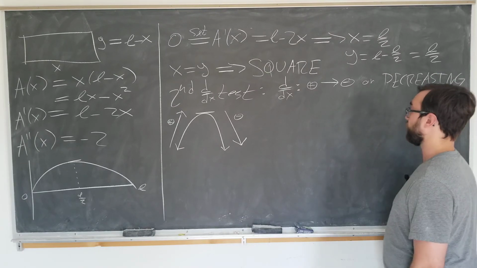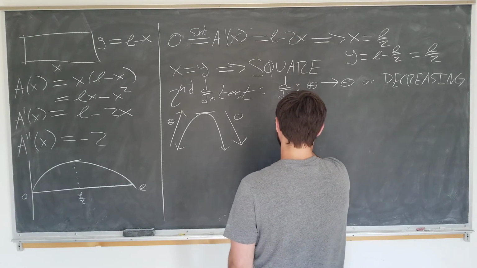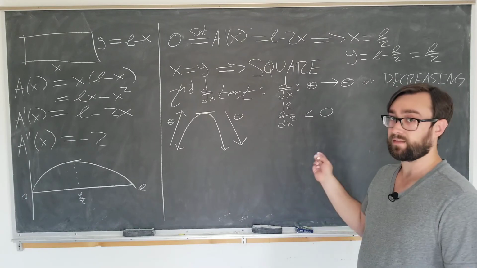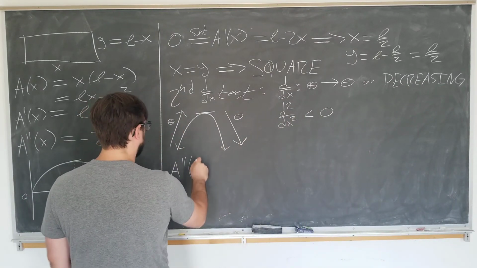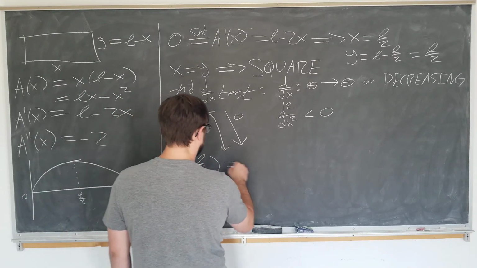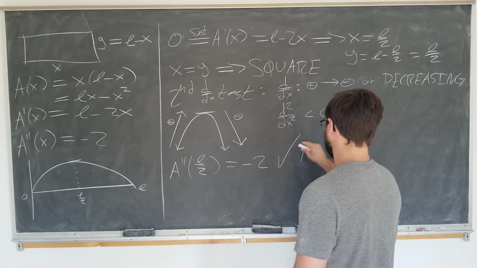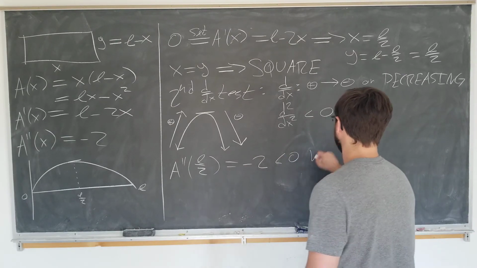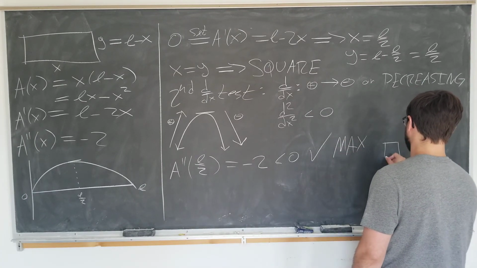Now, if the first derivative is decreasing, it means that the second derivative is actually less than 0. And we have to check that this is the case. It obviously is, since A double prime evaluated at the point in question, L over 2, is equal to minus 2. Therefore, it is indeed less than 0, of course. It is indeed a maximum, and we are done.